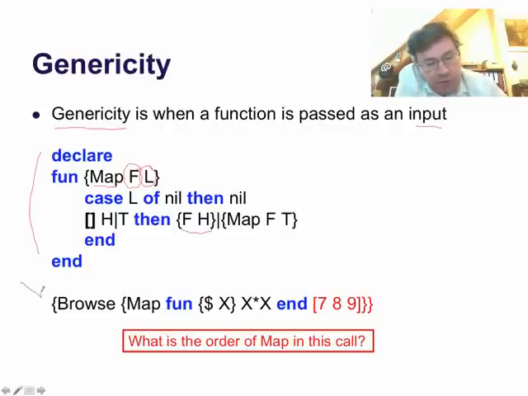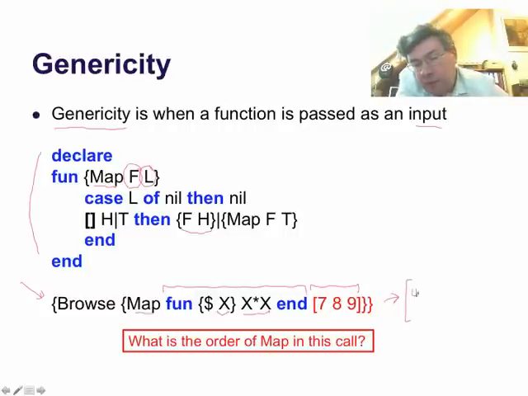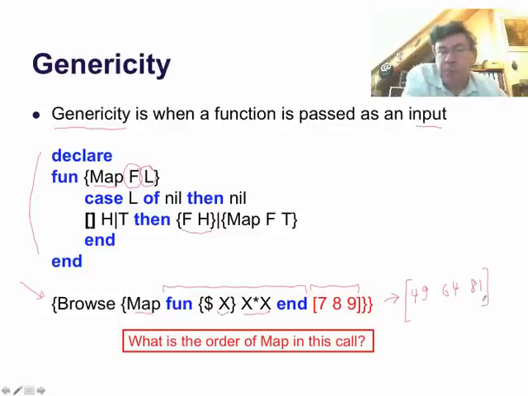So for example, here's an execution. We do a map. We have here an anonymous function which takes an argument x and returns x squared, and we apply this on the list 7, 8, 9, and this will return what? Well, the list of squares. So 49, 64, 81, a list of 3 elements.